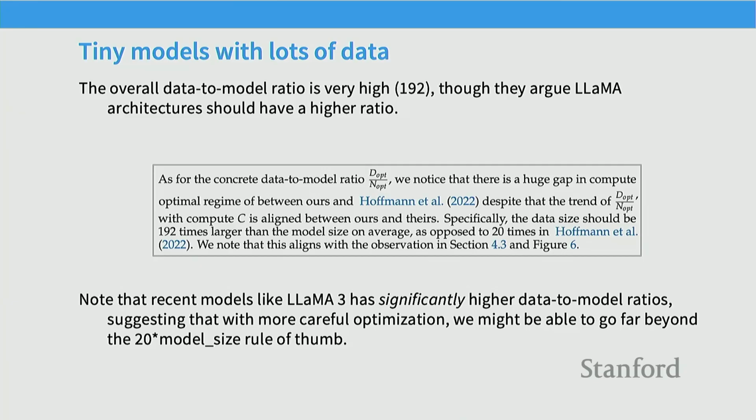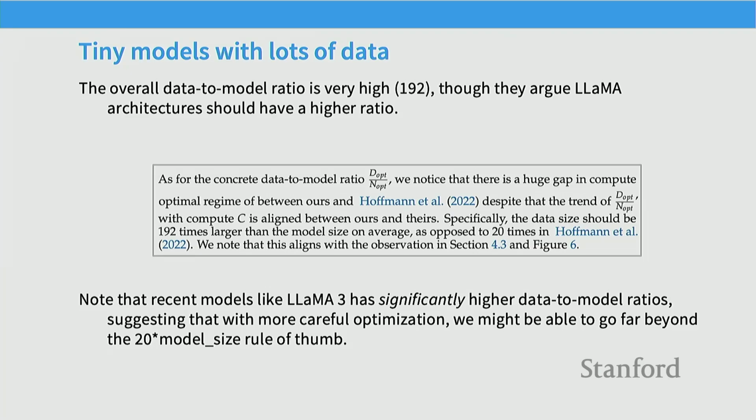Regardless, we have seen that recent models like Llama 3 have significantly higher data to model ratios. We also don't really see diminishing returns. These models aren't way worse than the equivalent Chinchilla-scaled Llama 2 models. This suggests that with careful optimization and careful tuning, we should be able to go far beyond the 20 times model size rule of thumb, right?